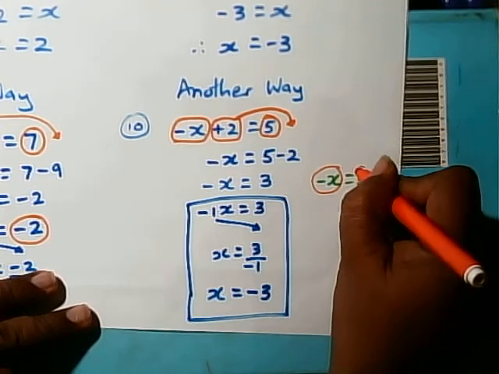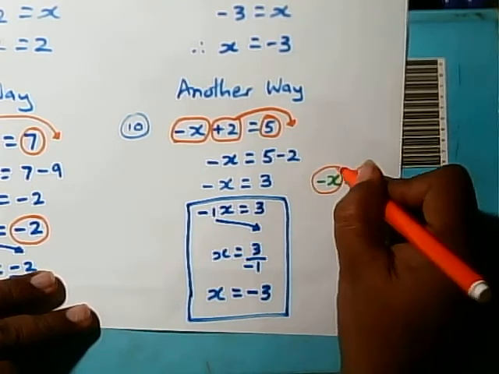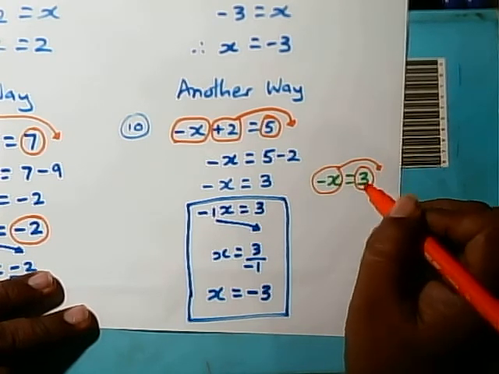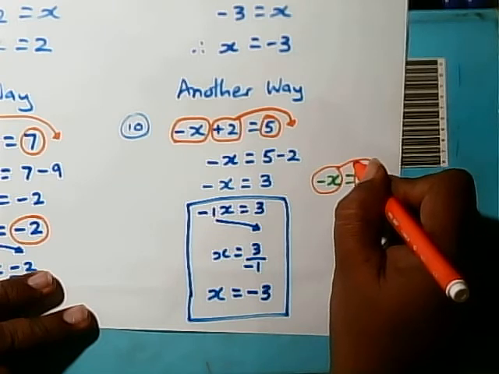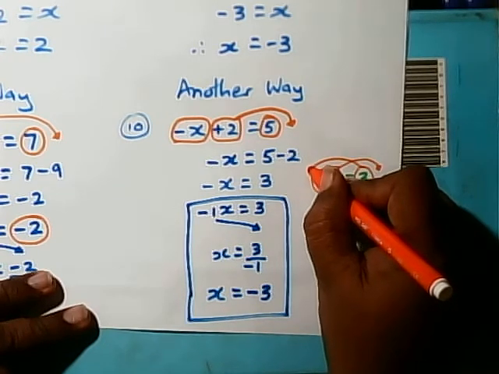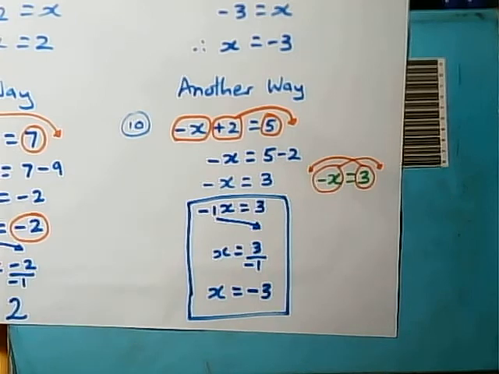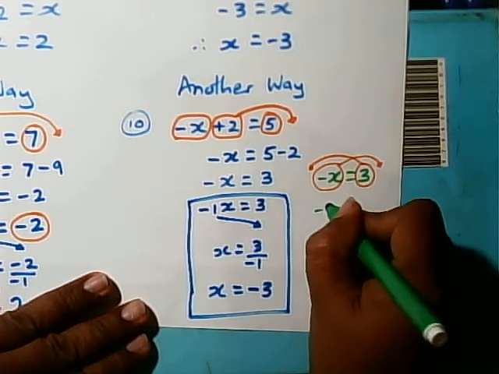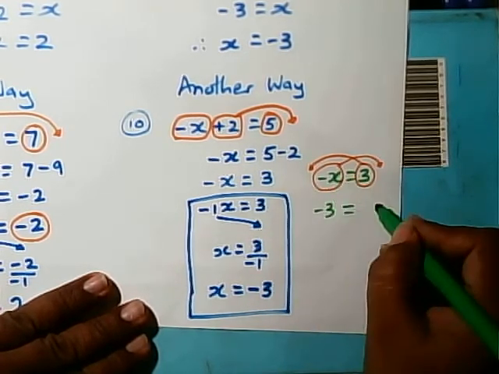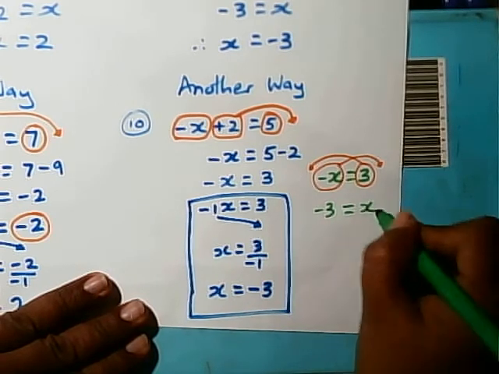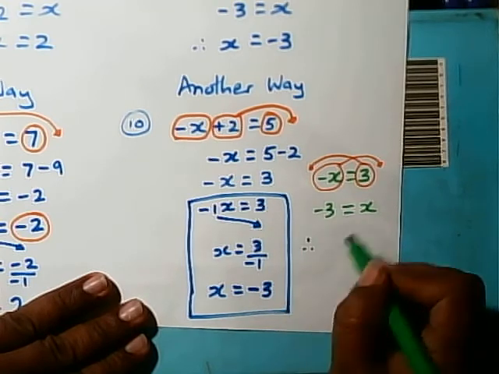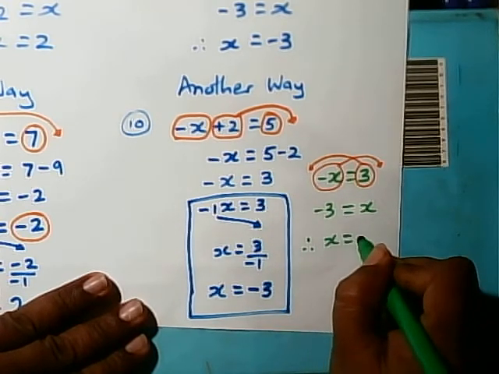If we have terms here, we can move that term across and it'll change from a negative x to a positive x. And if we have the 3, we could move it across and it turns into a negative 3. So we could have here now the 3 as a negative 3, and the negative x turns to a positive x. And we're done. x is minus 3. So we just turn it around. Therefore, x is equal to minus 3.